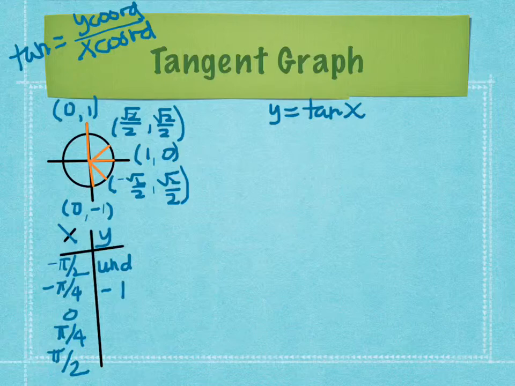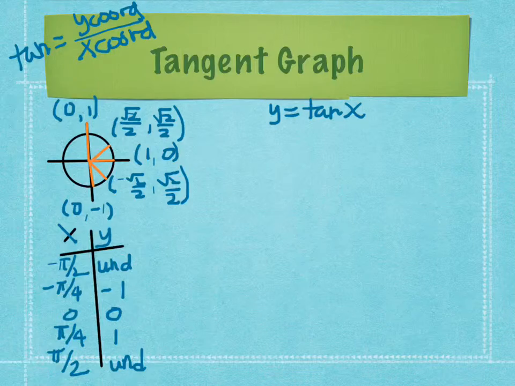At an angle of 0, at 1, 0, the y coordinate divided by the x coordinate gives 0. At pi fourths, we have square root 2 over 2 and square root 2 over 2, the exact same x and y coordinates, so we get 1. And at pi halves, I have 0, 1, and dividing 1 by 0 is also undefined.